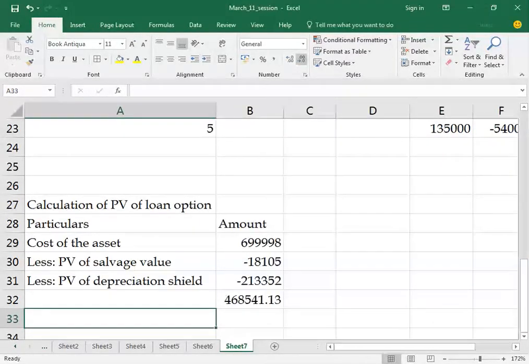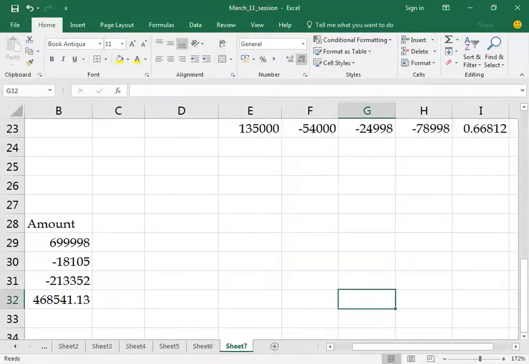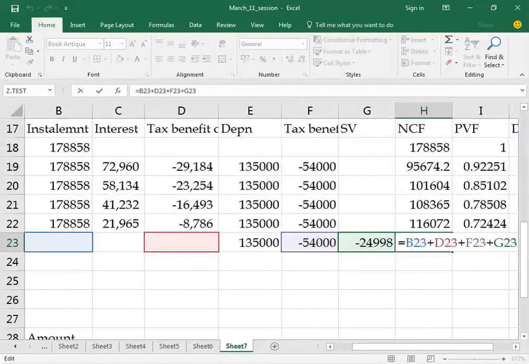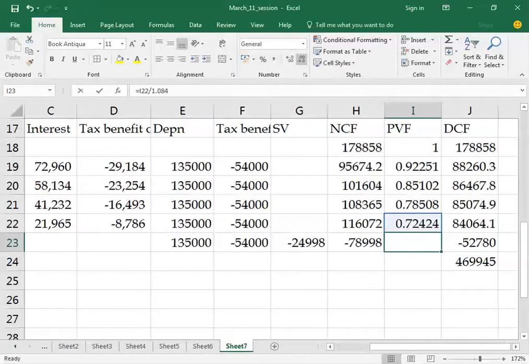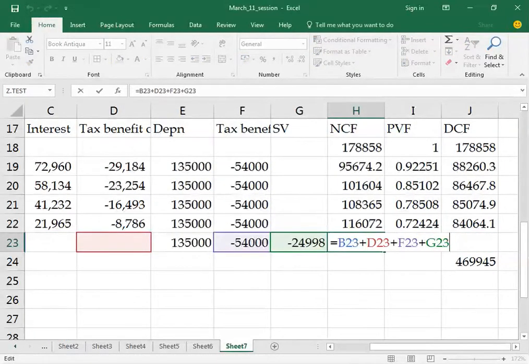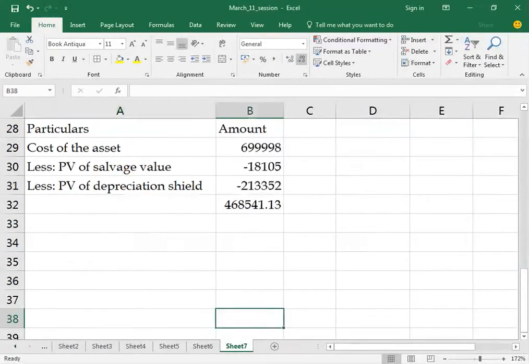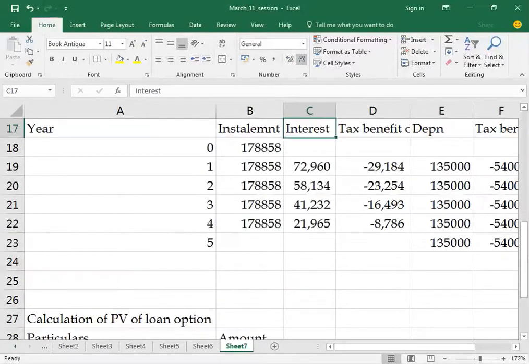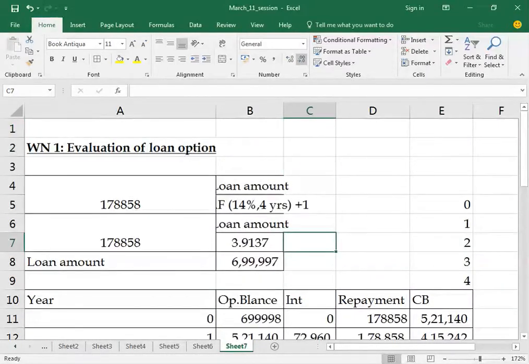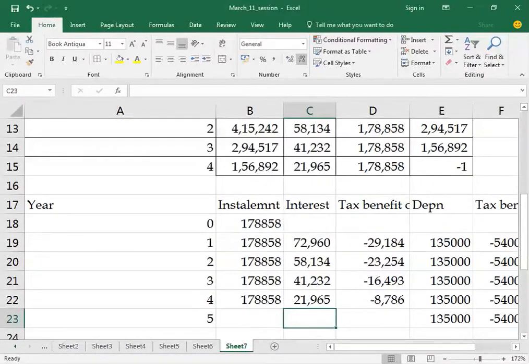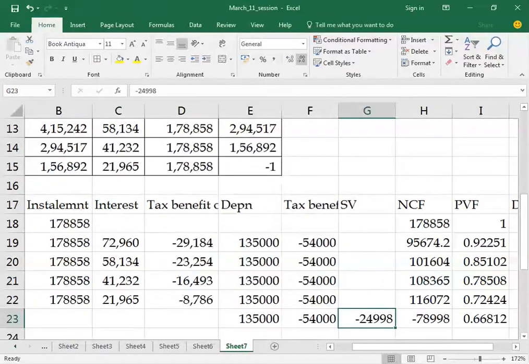Is there something which we have missed out? No, ideally both numbers should match. Just give me a minute. Cost of the asset is 6,99,000. Which one? Salvage value, what are your bid?